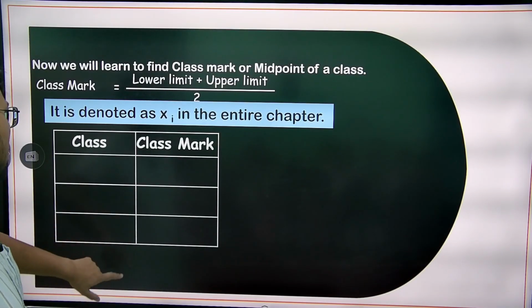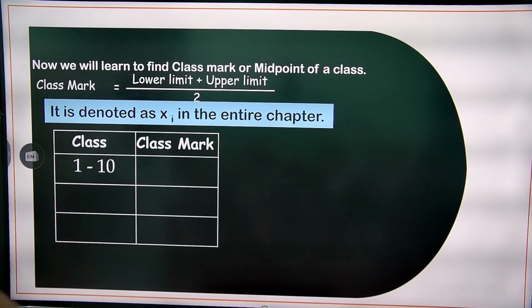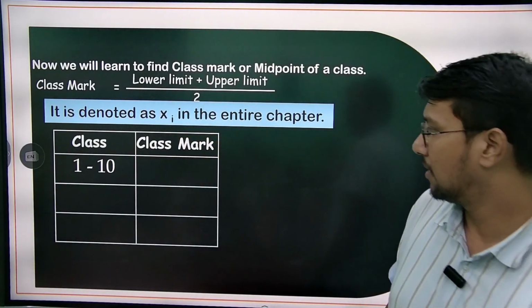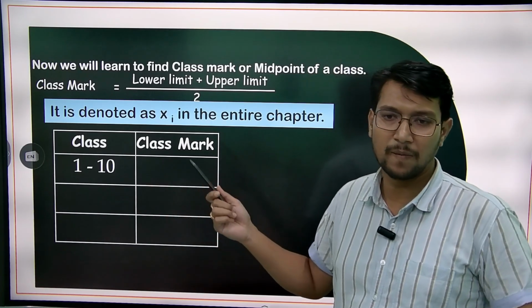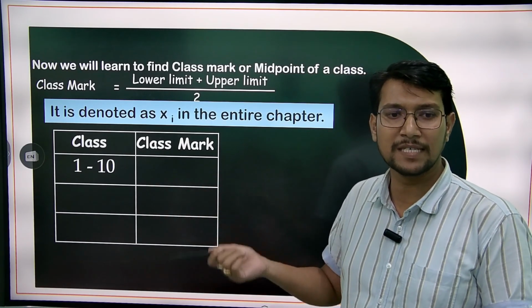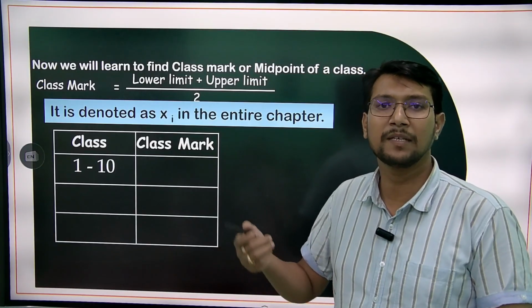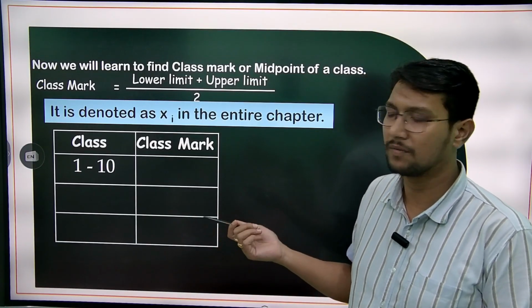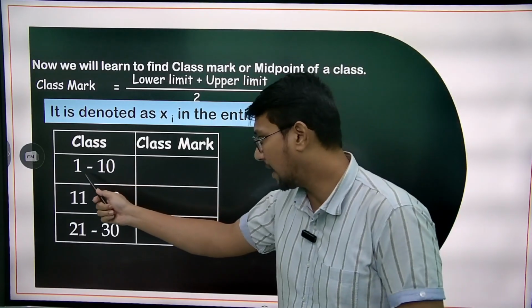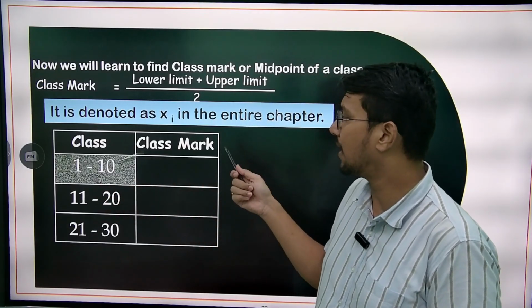Now see one example. Here the classes given are 1 to 10. What will be the class mark of 1 to 10? 1 plus 10 is 11, divided by 2 is 5.5.